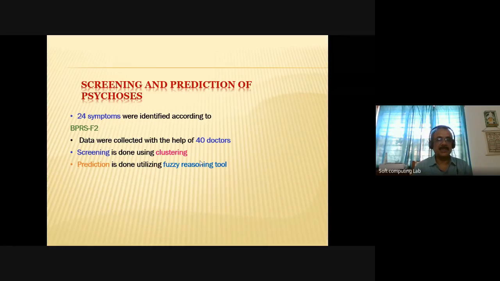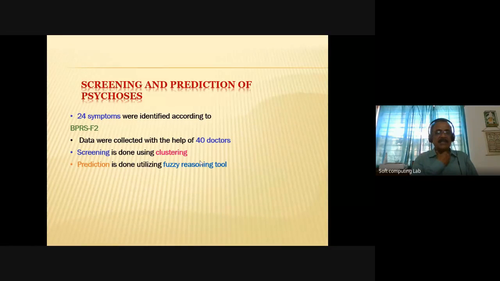We also collected data with the help of 40 doctors. We did the screening of the patients using a clustering algorithm, fuzzy clustering, and then the level of the disease was predicted using the fuzzy reasoning tool. So it was a problem of screening and prediction.